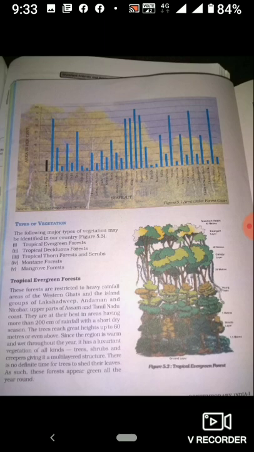In regions with less than 70 centimeter of rainfall, the natural vegetation consists of thorny trees and bushes.